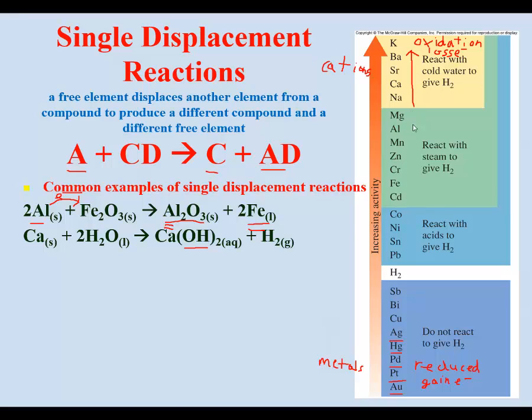Now, metals lower on this list will not readily displace hydrogen gas from cold water. However, cadmium, on up through all the metals above it on the list, could displace hydrogen gas from steam. So if I heat water up until I get water vapor, there's enough energy now to allow this process to occur, and we could end up seeing that occurring. So I could have any metal from cadmium to magnesium reacting with steam.